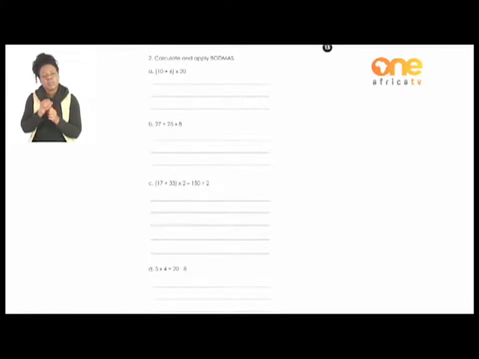Number C, in brackets, 17 plus 33 times 2 minus 150 divided by 2. Also a very, very nice BODMAS sum because there's a bracket, a multiplication, a subtraction, and a division. And lastly, 5 times 4 plus 20 minus 8.